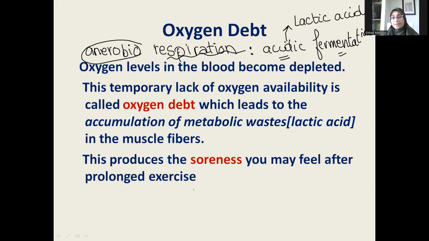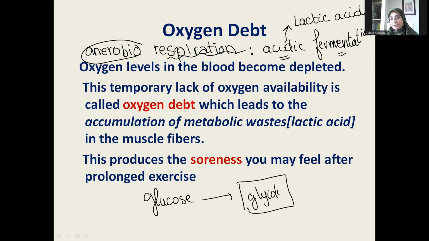Why? Because, as you know, when glucose is broken down, it passes through a process called glycolysis, and I've just said that glycolysis is common between aerobic and anaerobic respiration. Glycolysis results in breakdown of some of the bonds of glucose, and it does not require oxygen. So it is a partial breakdown of glucose.